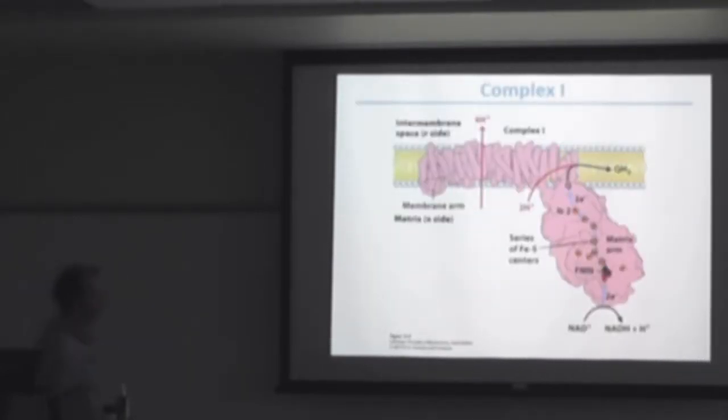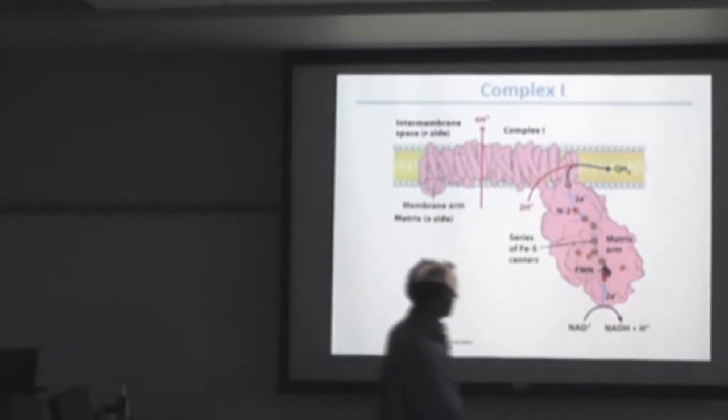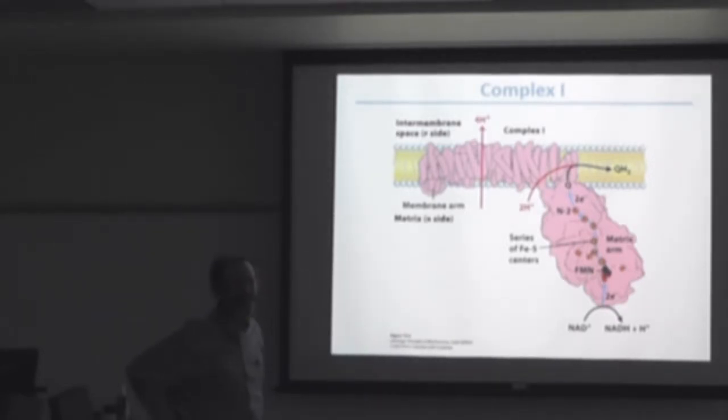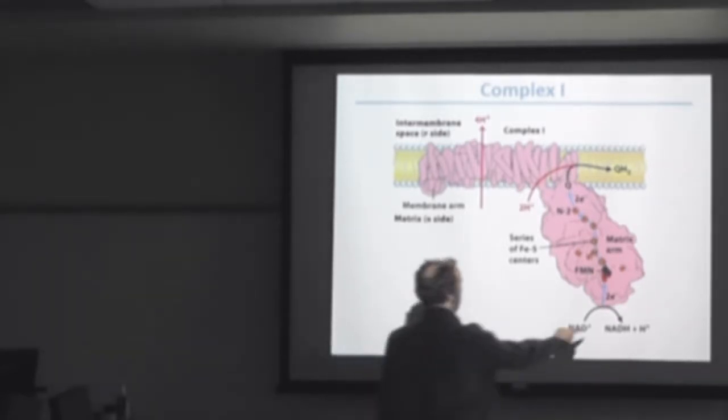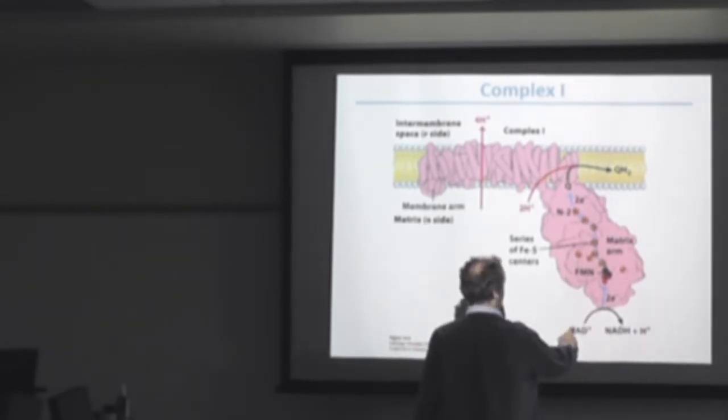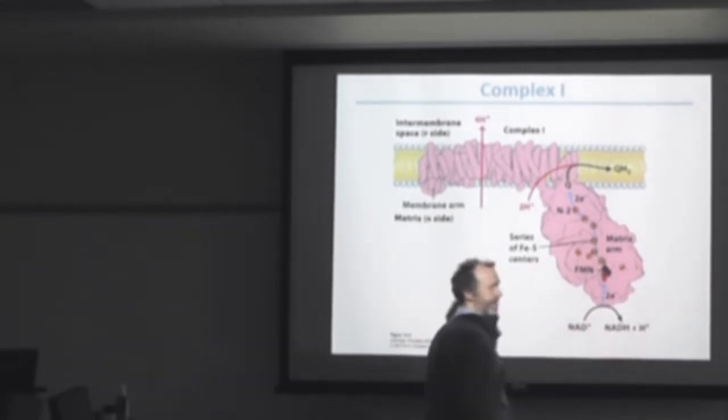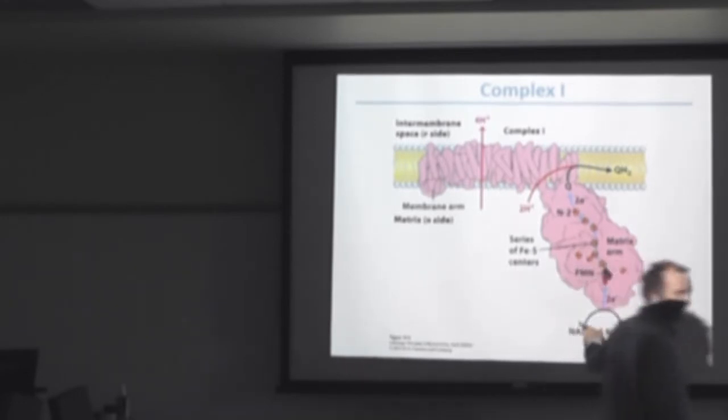So the NADH, boy, that arrow's backwards, isn't it? It should be going from NADH forms NAD plus hydrogen ions, right?